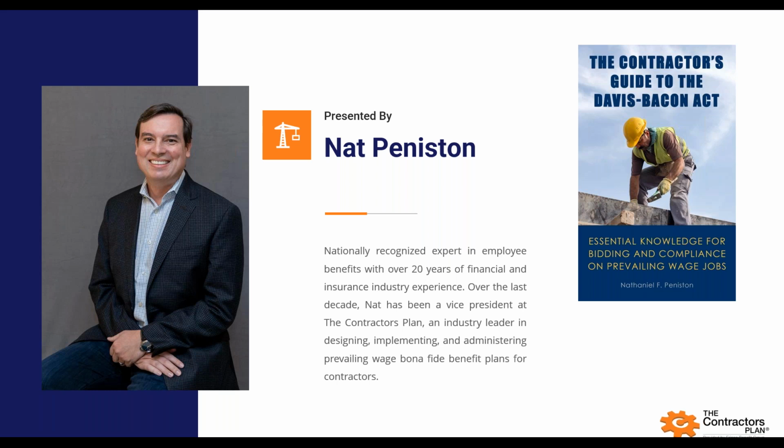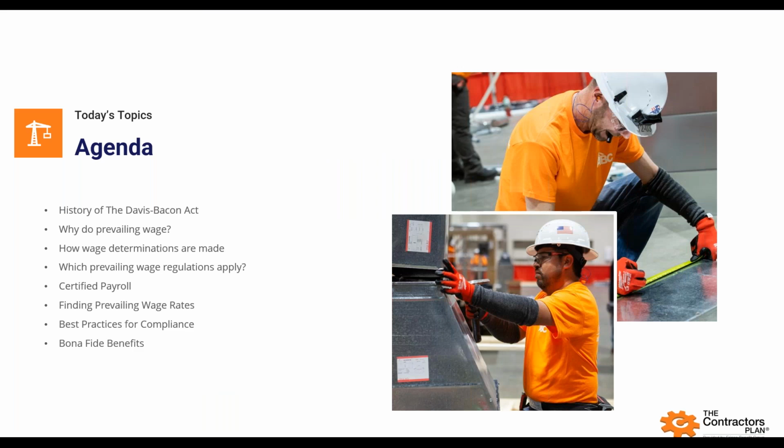Thanks so much, Alex. Great to be with you and with everyone who's joining today. So, a quick overview of what we're going to discuss today. I'll give you a little bit of history about the Davis-Bacon Act, where this law and legislation came from, and why you should be doing prevailing wage if you're not doing it. If you are doing some of it, we're going to show you some opportunities to get more efficient and effective and do more of it.